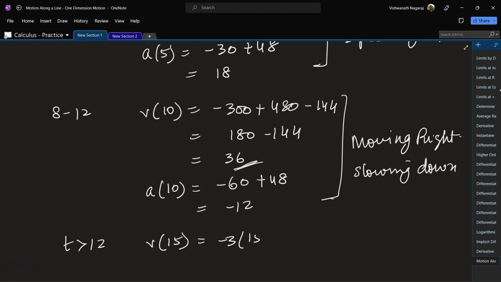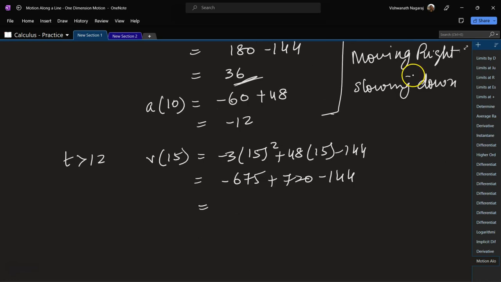So this would be minus 3 times 15 squared plus 48 times 15 minus 144, which gives us minus 3 times 225, that is minus 675, plus 48 times 15, that is 720, minus 144. This will come to minus 99.